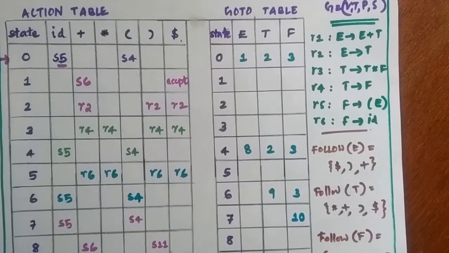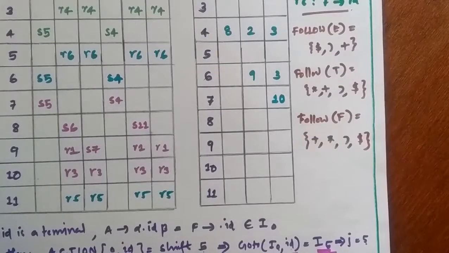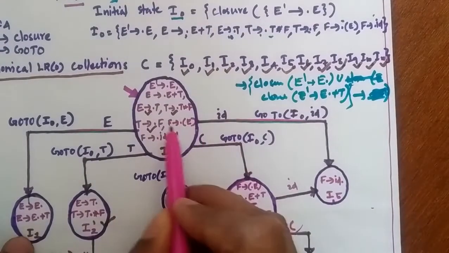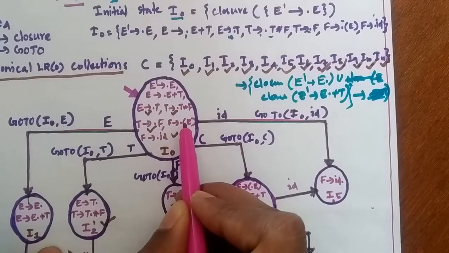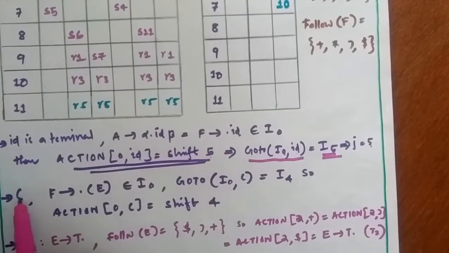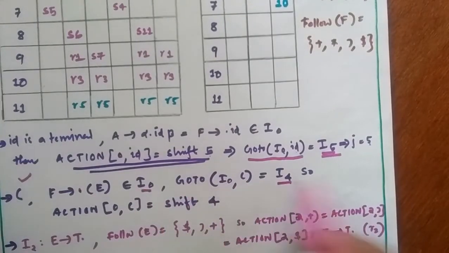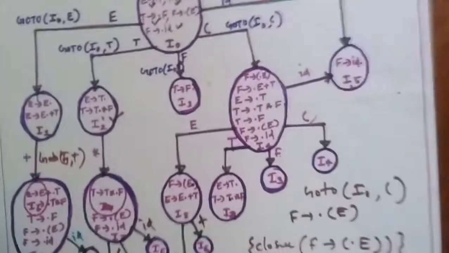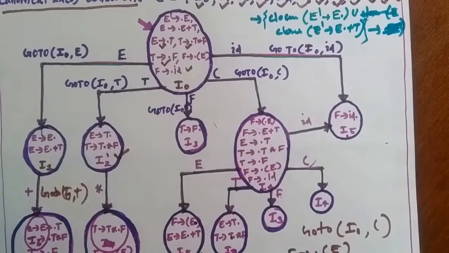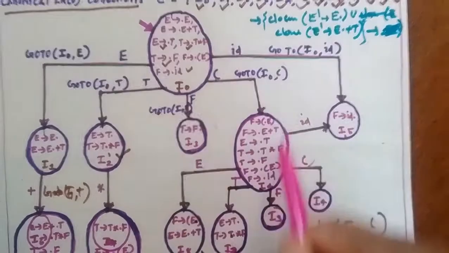Then again with respect to I0, here we have one more terminal symbol, left bracket. So F gives dot left bracket E right bracket belongs to I0. Then we will compute goto of I0 left bracket, which is equal to I4. You can see it from the diagram: I0 on left bracket goes to I4.